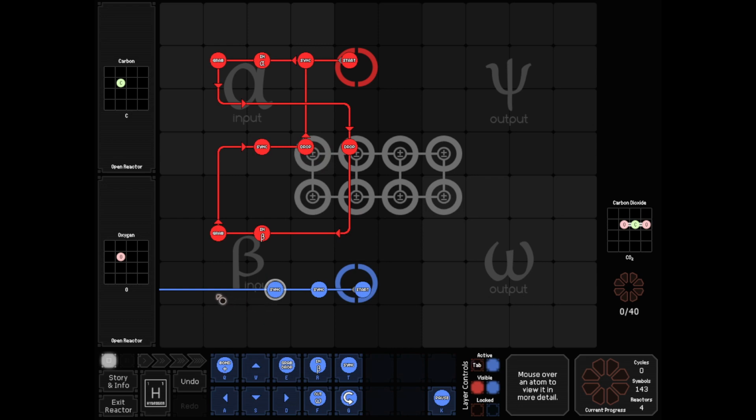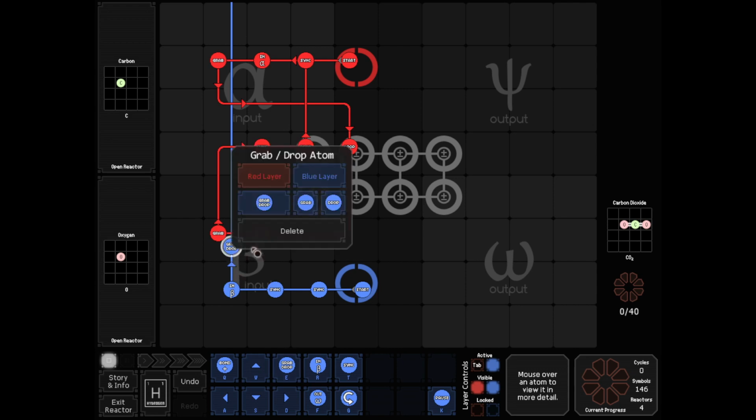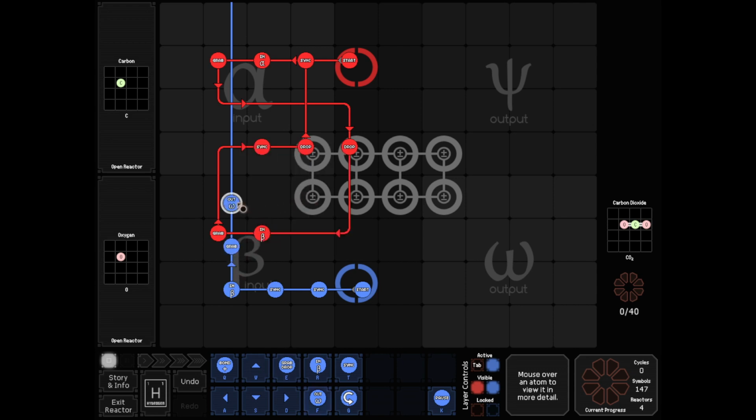Once we've got that second sink, then we input beta, grab, and here we're just going to go plus plus. And that should get us our double bond that we need. And then just drop it wherever. Alright, and that should work for this one.